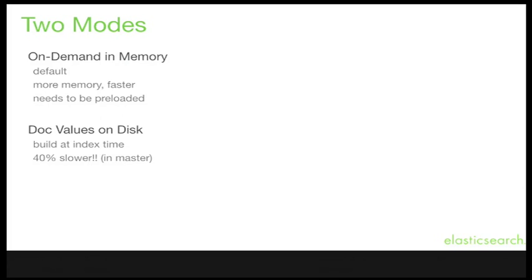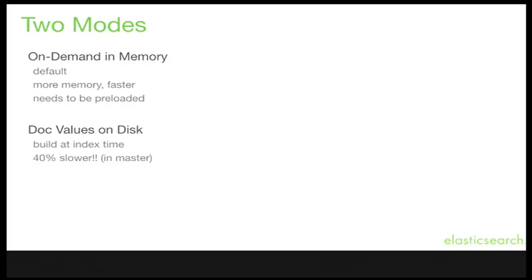There is another option that's been added recently to Elasticsearch, which we call doc values, and those actually reside on disk. So they're built at index time and are updated as you index more documents or change the existing ones. And it's almost as fast as the in-memory ones. We're still working on making it even faster.